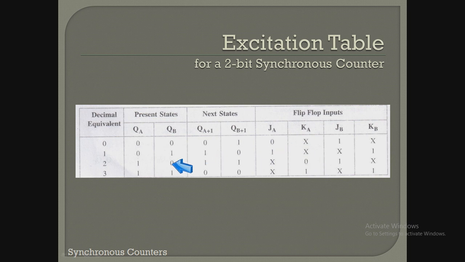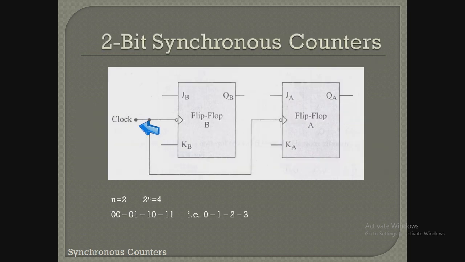Similarly, for the B flip-flop, we want to change the output of the B flip-flop from 1 to 0. So to achieve it, number 1, you can reset it. Number 2, you can toggle it.